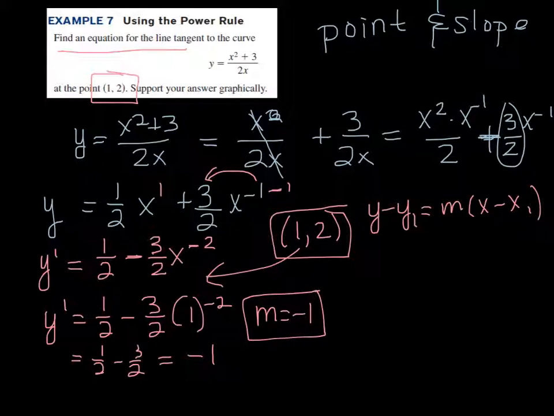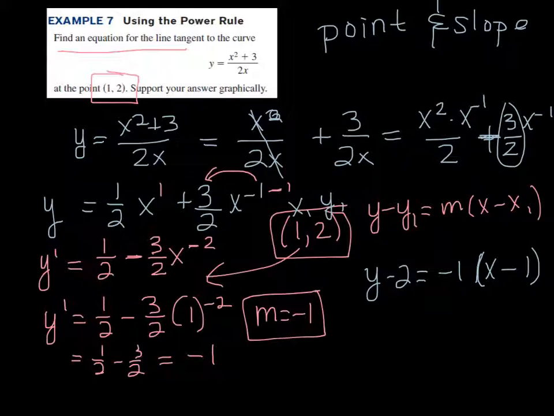So if this point right here is x1 and this point here is y1, I'm just going to substitute into my equation y minus 2 equals, my slope is negative 1, times x minus 1, where positive 1 is my x point.